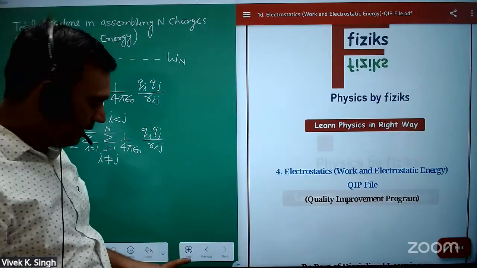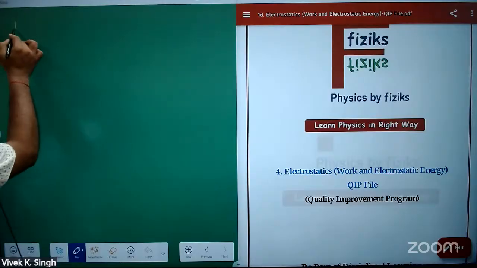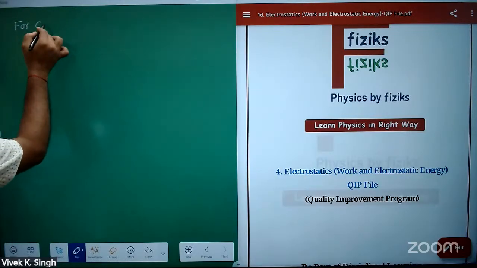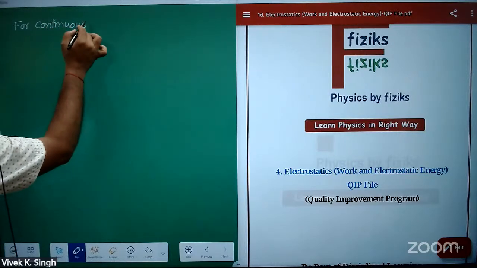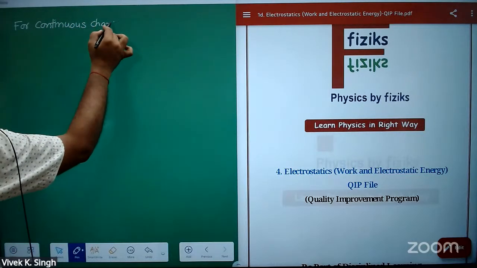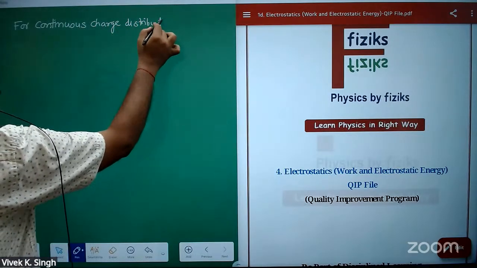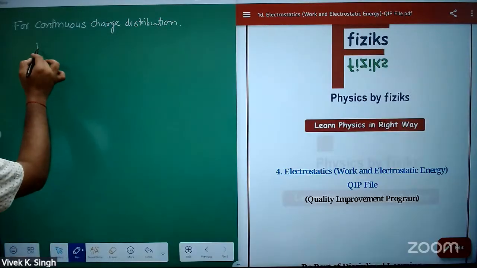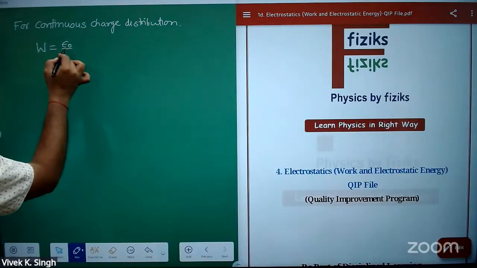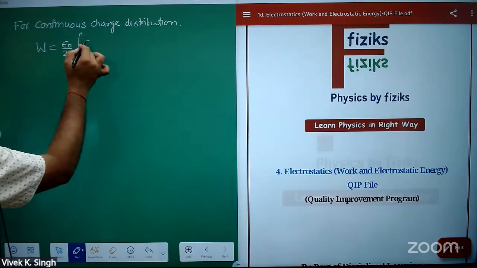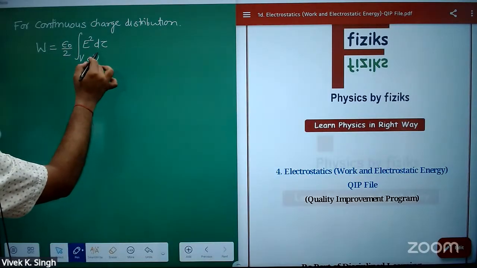Now we have to see the electrostatic energy for a continuous charge distribution. For a continuous charge distribution, the electrostatic energy is given by epsilon naught by 2 times the integral of E square d tau, a volume integral over all space.